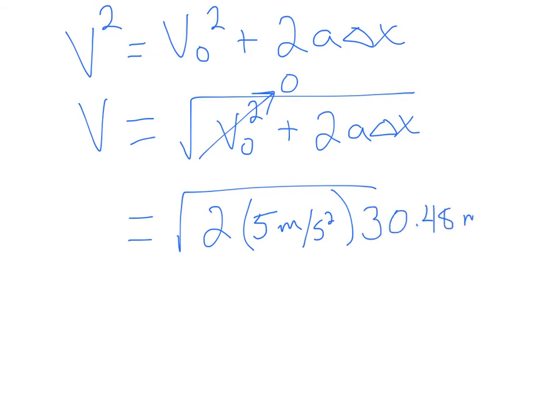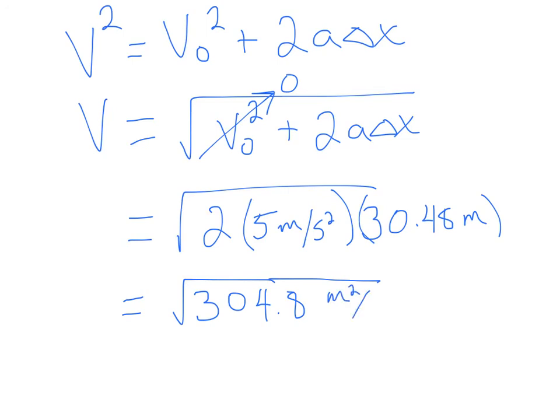30.48 meters. And so we can plug that into our calculator, or just see that 2 times 5 is 10. We'll multiply by another 10, and we get the square root of 304.8. And if we look at the units, we get meters squared per second squared, which when we take the square root, that is going to work out to give us meters per second, which is what we want with velocity.